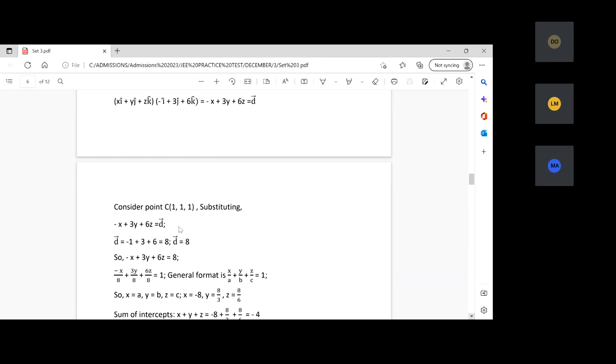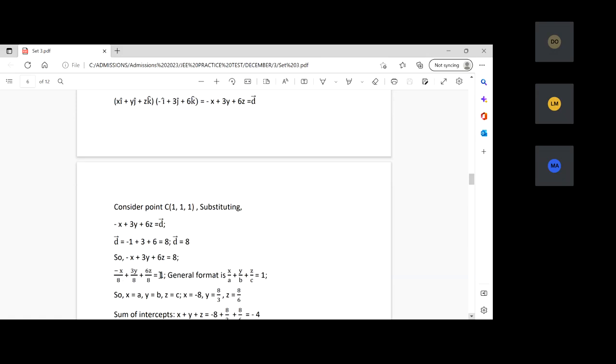Once you have this value, as you know the general format, x by a, y by b, z by c, you can express it in this way. It's minus x by 8 plus 3y by 8 plus 6z by 8, which is equal to 1. So you have this equation.